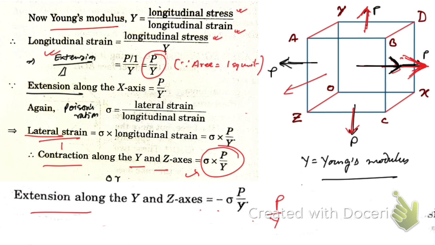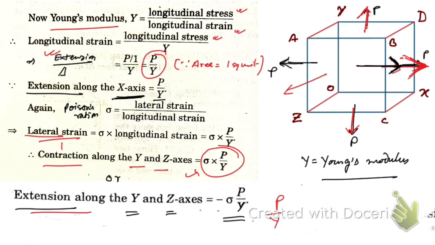When extension takes place in the longitudinal direction, then in the lateral direction there will be contraction, right? Hope you have understood this. So as we have taken the extension along the y-axis as positive, we're going to take extension along y and z axis as negative.